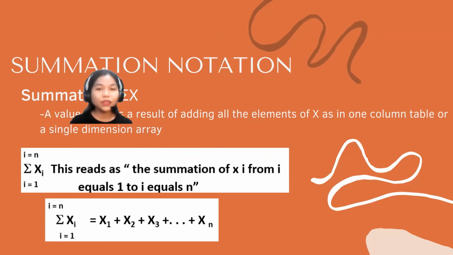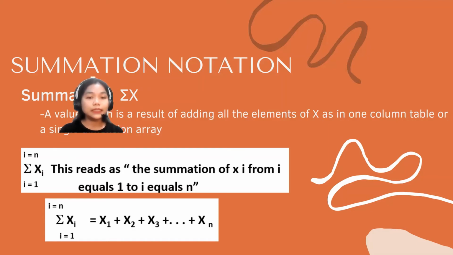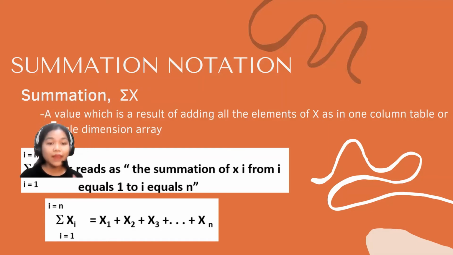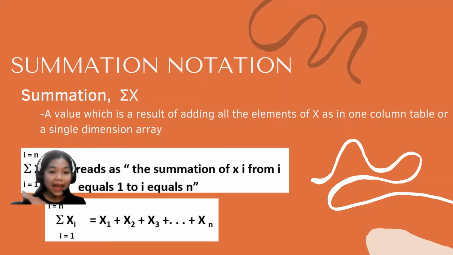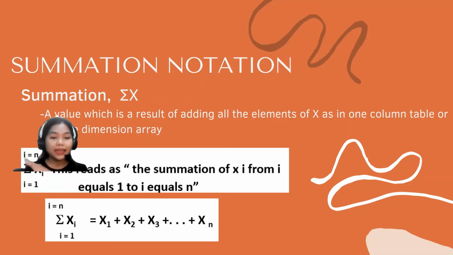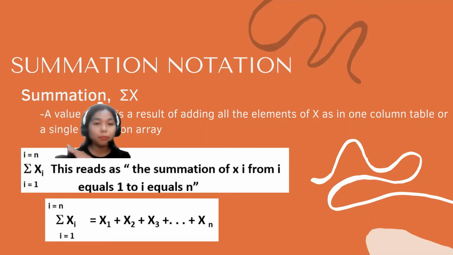So I wanted you to learn or to practice the skill of reading a notation properly. So we have this notation. This is actually read as the summation of xi. When you see the sigma sign, it's automatically summation. So summation of xi from i equals 1 to i equals n, any number, as long as it's part of the array.